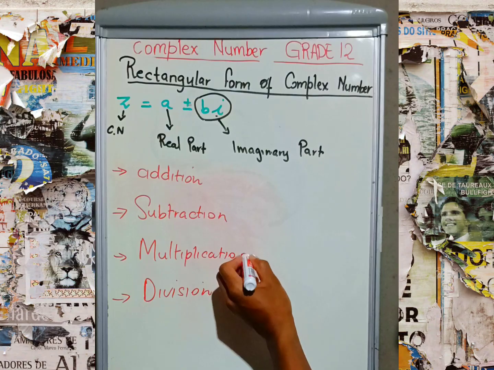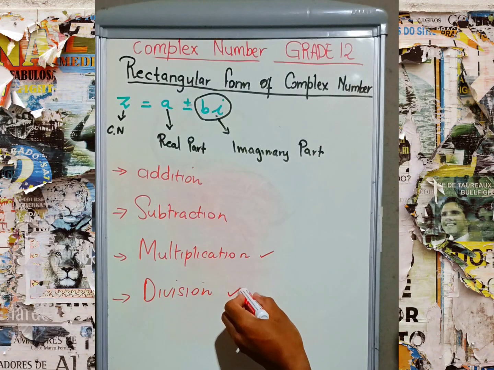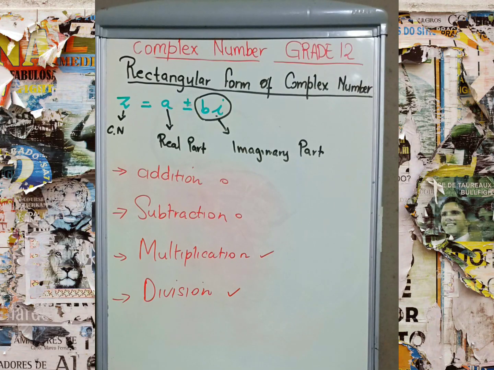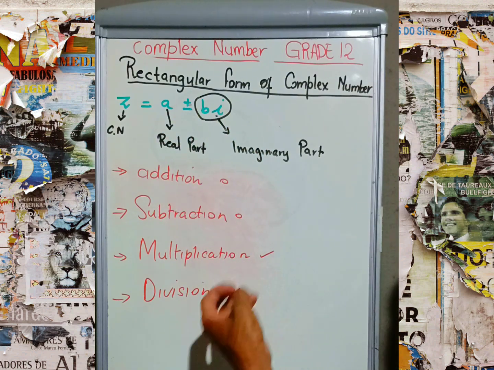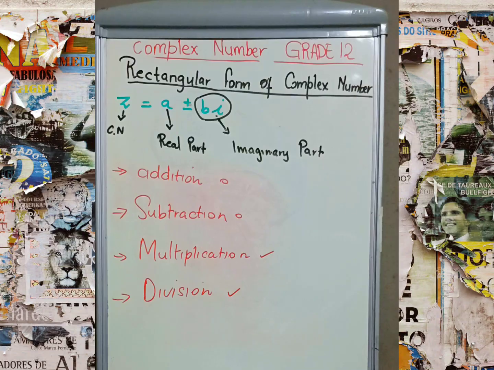It's very important to take note of which rule you are going to use when multiplying, which rule when dividing, as well as adding and subtracting. I'm going to teach you how to get this rectangular form answer when doing multiplication, division, addition, as well as subtraction. There are certain rules that are very important to take note of. We start with addition first and end with multiplication and division, where we are going to look at the conjugate.